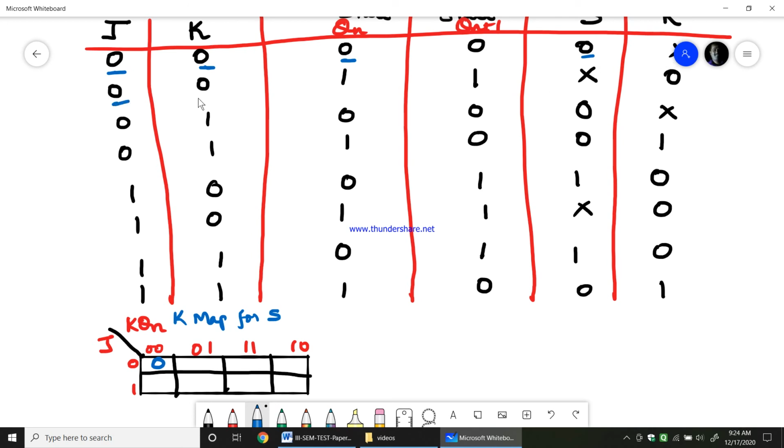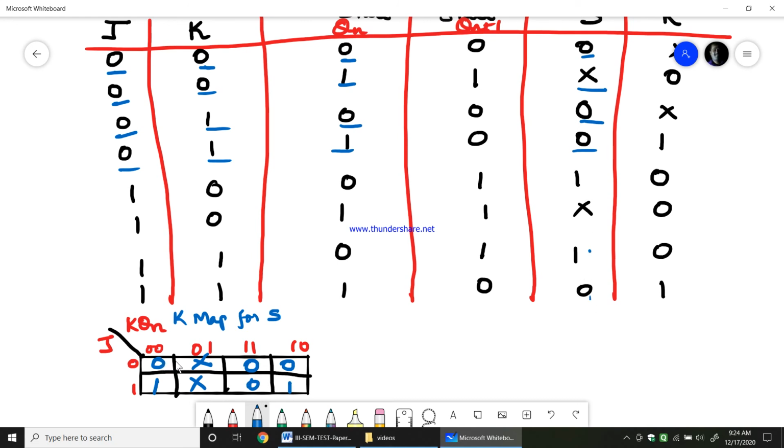For 0 0 1, S is don't care. For 0 1 1, S is 0. For 0 1 0, S is 0. Similarly, if you write the other entries, you get 1, don't care, 0, 1, 1, don't care, 0, 1.